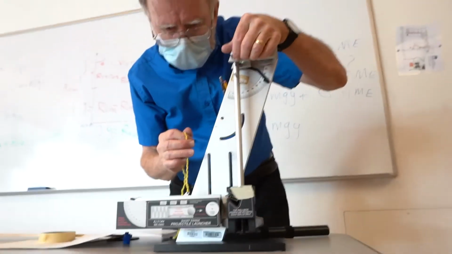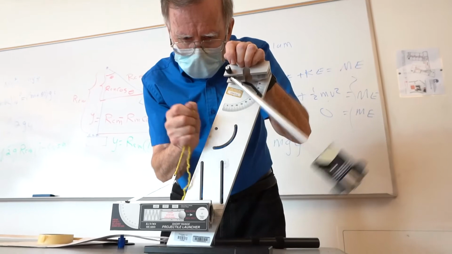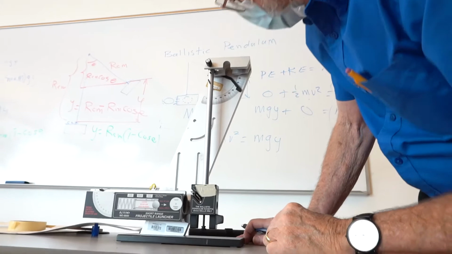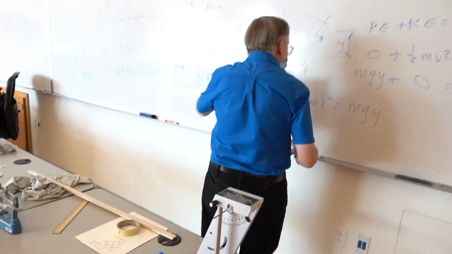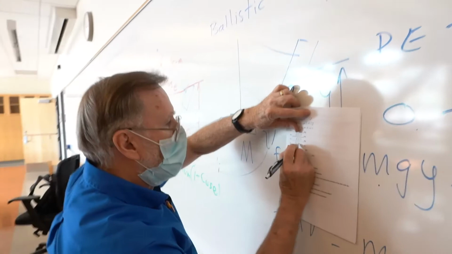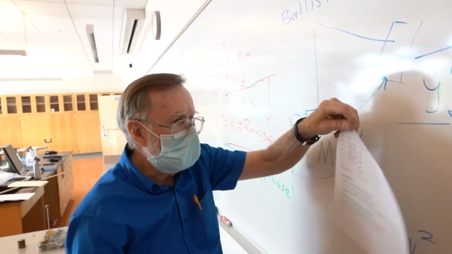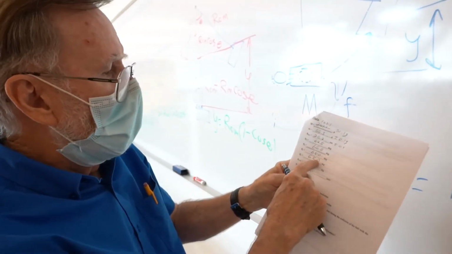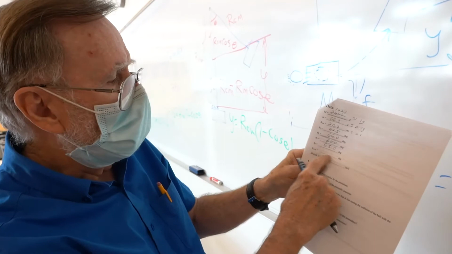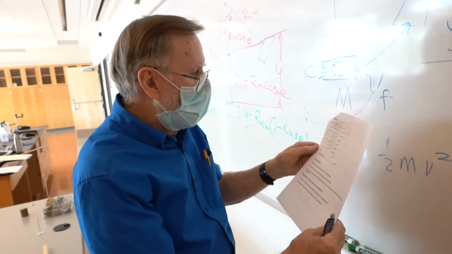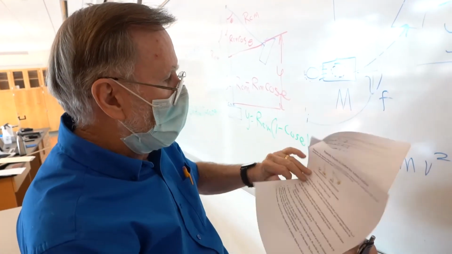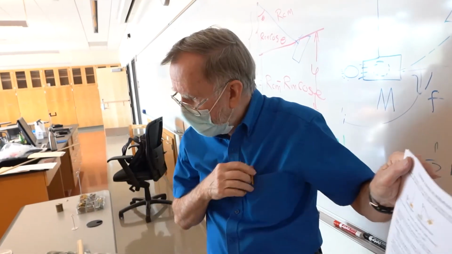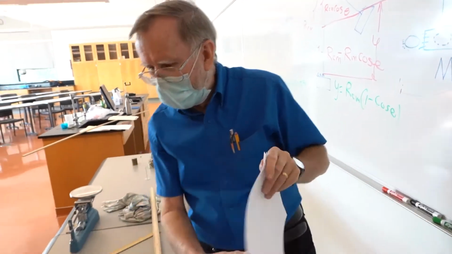Settle down a little bit. 65 again. All right, the fact that it's so consistent encourages me to have confidence in these numbers. So what you'll do is take these angles, add them up and divide by 4 to get the average. Then you can plug all these numbers into the formula that we derived. And that'll give you the speed of the ball coming out of the spring gun.